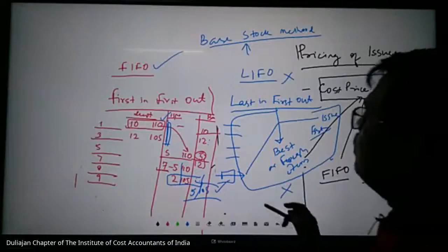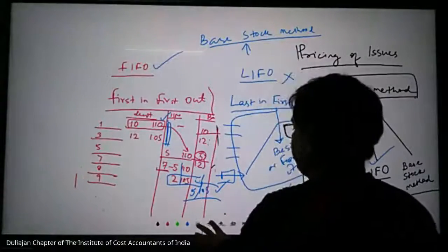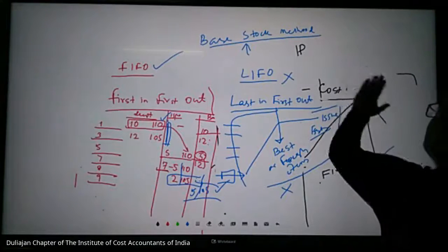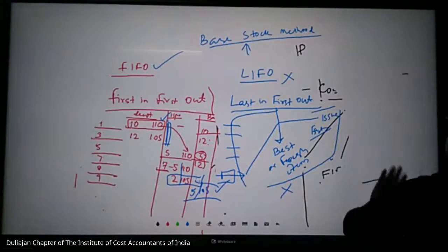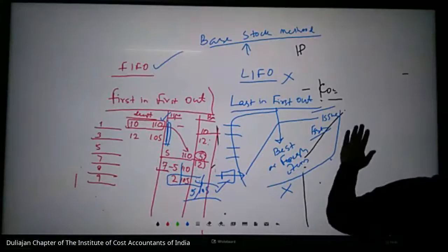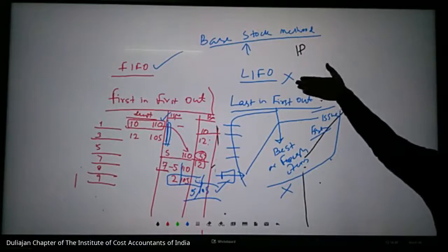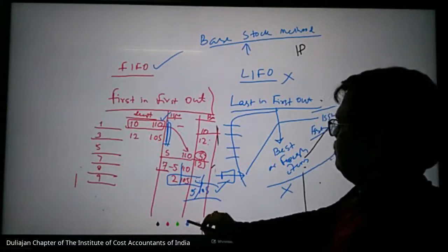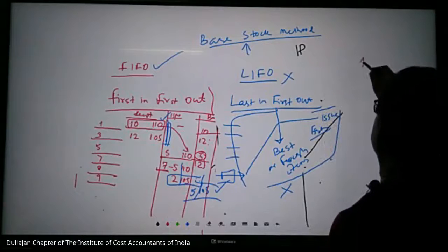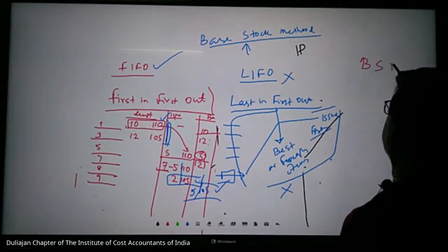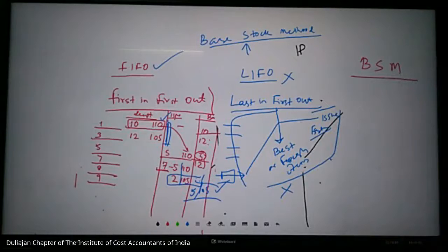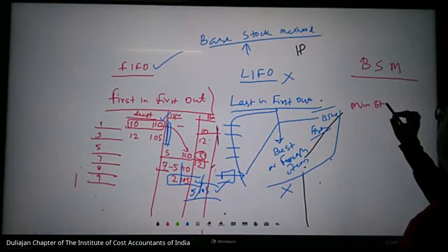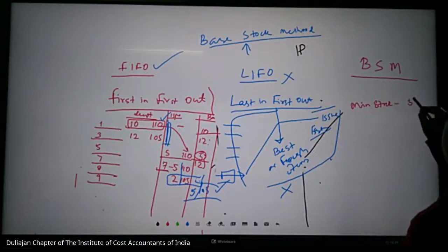For example, if I give one example here, you will get such questions in exams also. In the base stock method, you have a minimum stock, suppose 5 units.